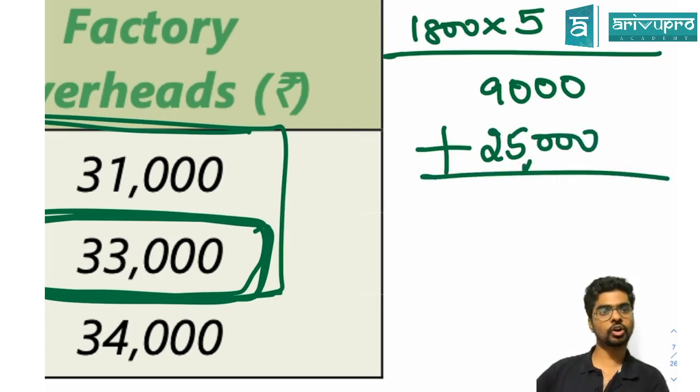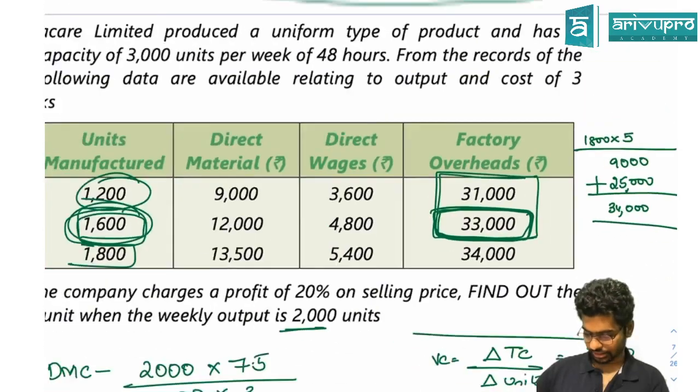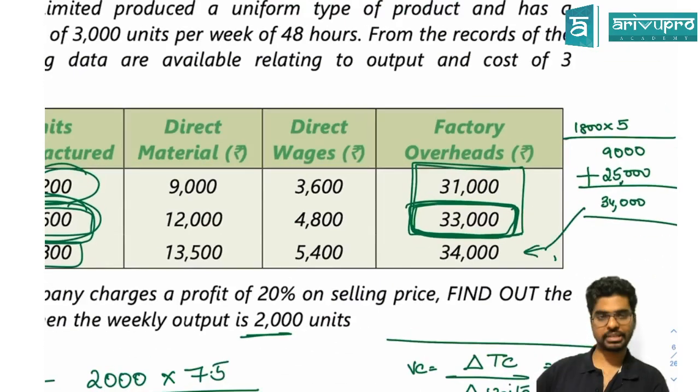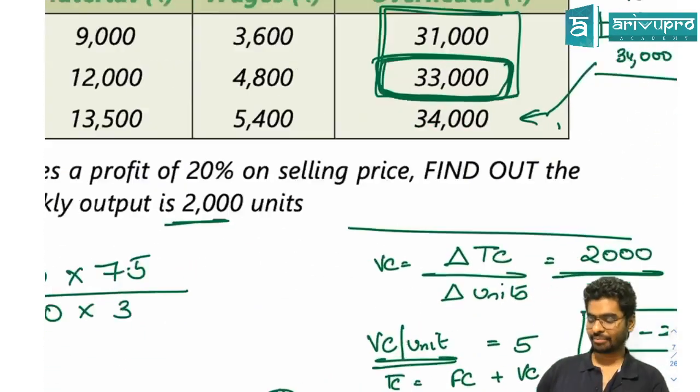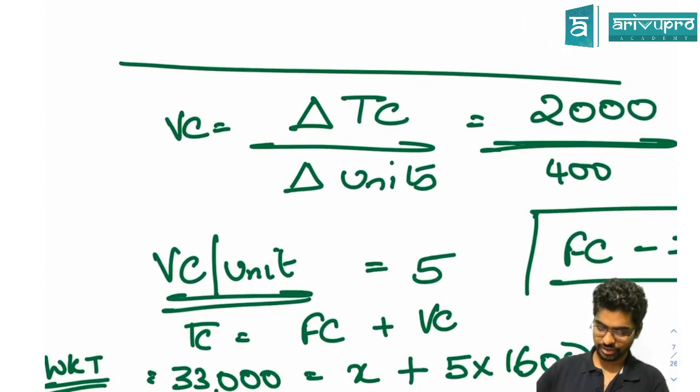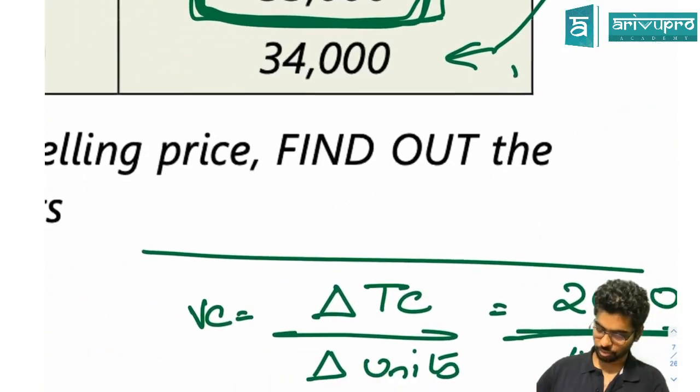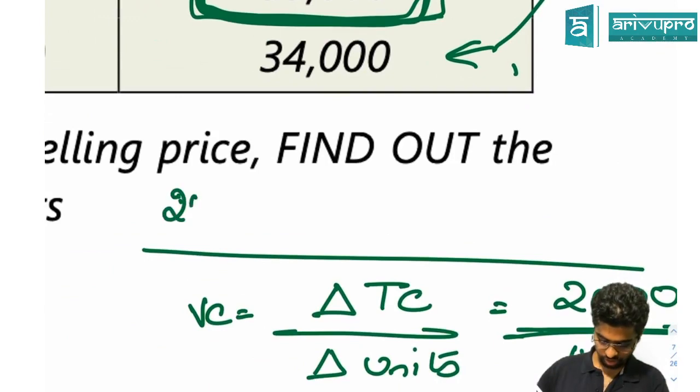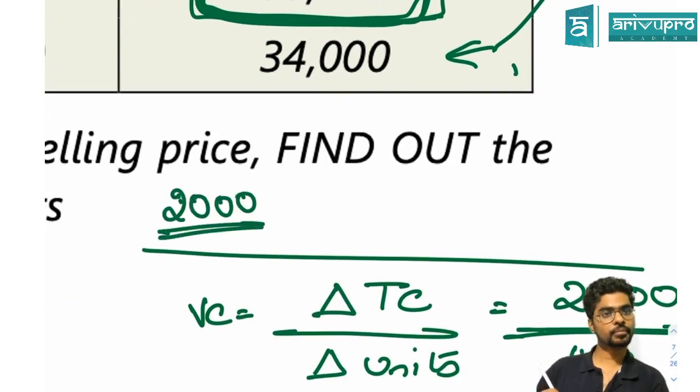Therefore, my total cost should be how much? 34,000. Is it 34,000 here? Yes, that means I've got it right. But I'm not concerned about this. What I'm majorly concerned about is to find out the cost of 2000 units. I'm just trying to check whether it works. So 25,000 you are getting in both the cases, it's fine.